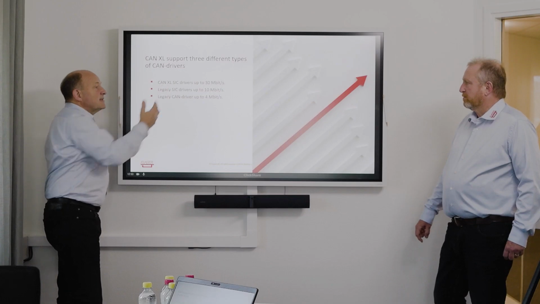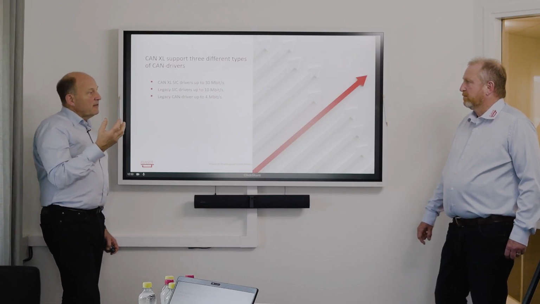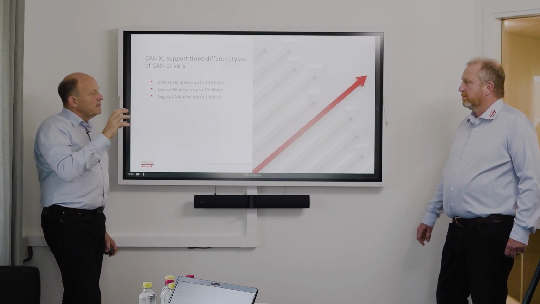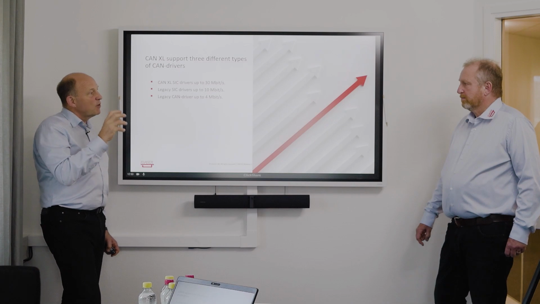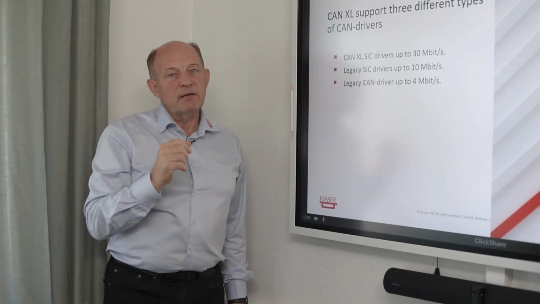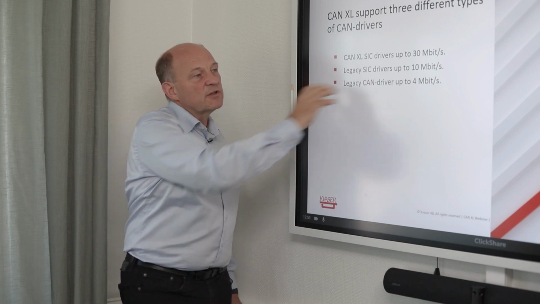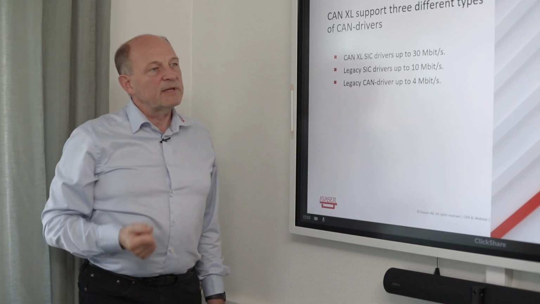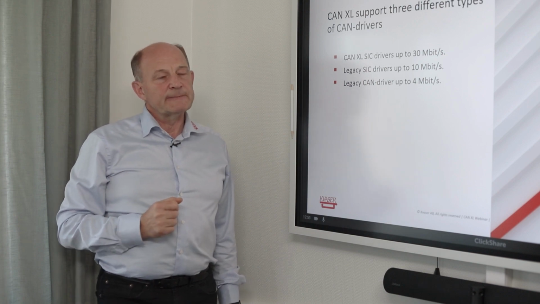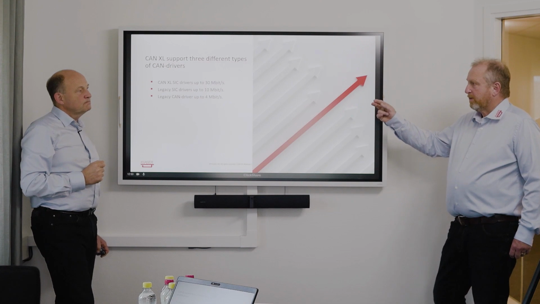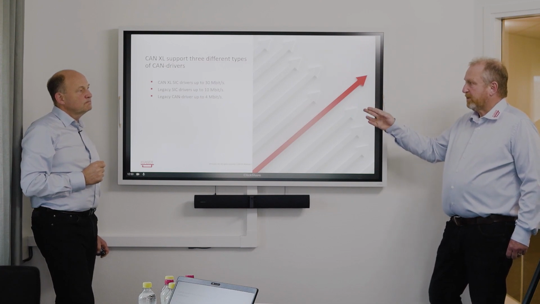If you go to legacy SIC drivers, they have some electronics to make them less prone to ringing, and I think if you use them, you can maybe go up to 10 megabit per second. And if you use the traditional high-speed drivers, 4 megabits is what you can expect. But using a SIC driver on 500 kilobit will give you much better EMC.